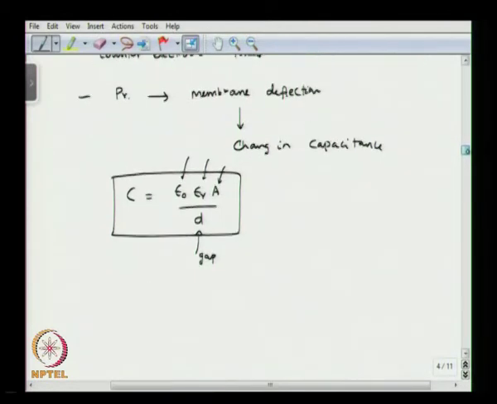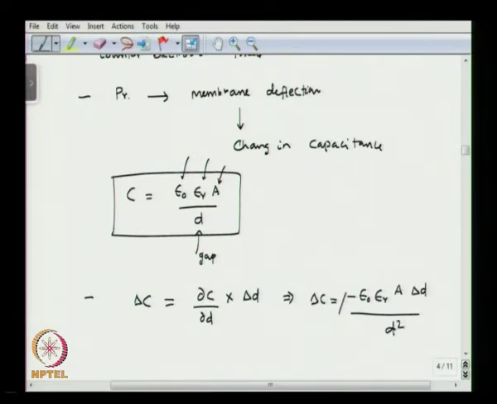So, this gap D actually changes when there is a change in the flow rate. Okay. So, what is going to happen is there is going to be a change in the capacitance because of the change in the gap. So, this will be del C over del D into delta D. So, del C is going to be minus epsilon 0 epsilon r into A into del D over D square.